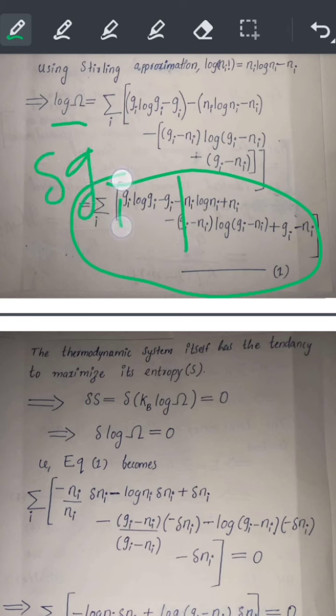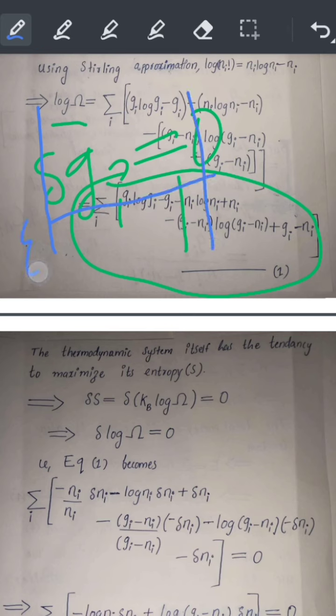There is no change for the degeneracy of the state, because suppose you have a state with the energy eigenvalue E1 and its degeneracy, imagine its degeneracy is 2, and this 2 is fixed, it has no change in fact.